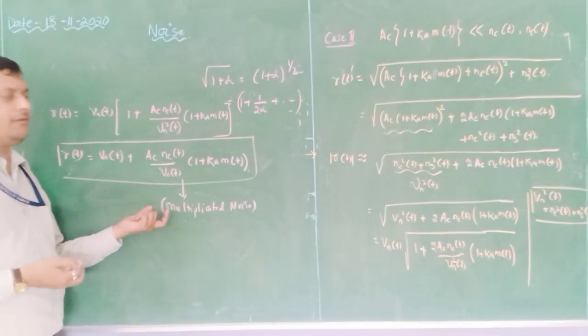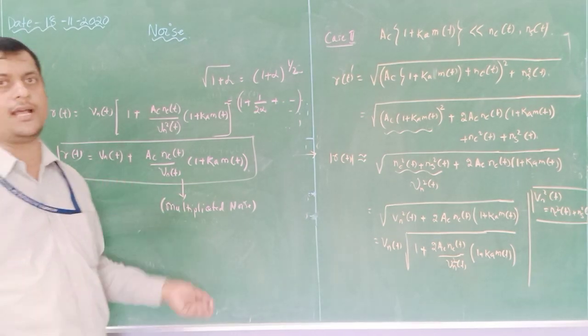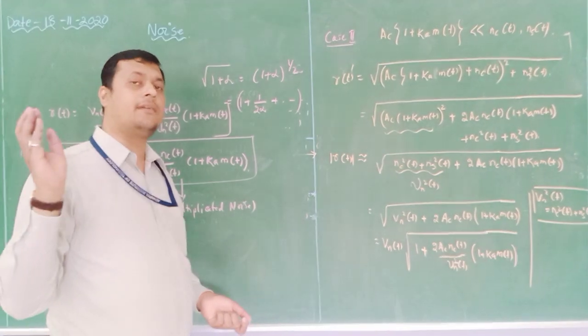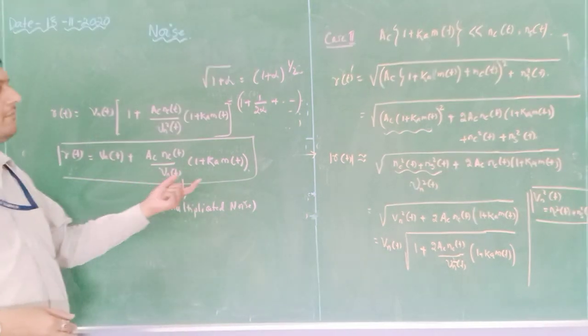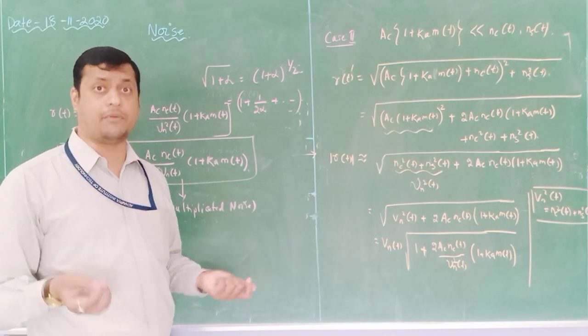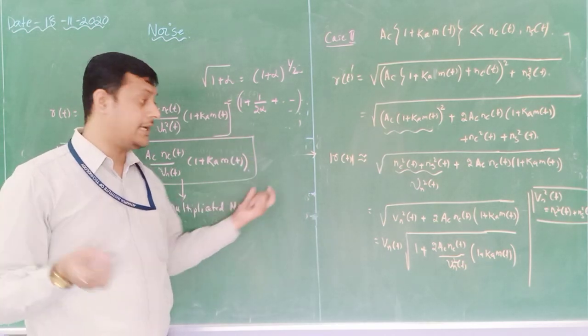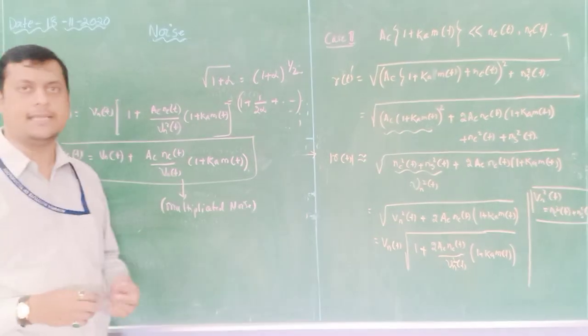Can you extract the modulating signal from this? It is not possible, because the effect of noise is so high that the values will deteriorate. What is Vn of t? Vn of t is nothing but root over of NC square plus NS square, the noise component, which is high. If this value is high, you cannot extract m of t. It hampers my signal.